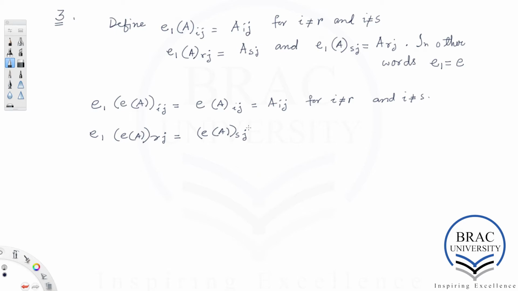From the definition of E1, which is exactly the definition of E. And E of Asj is simply Arj, right?